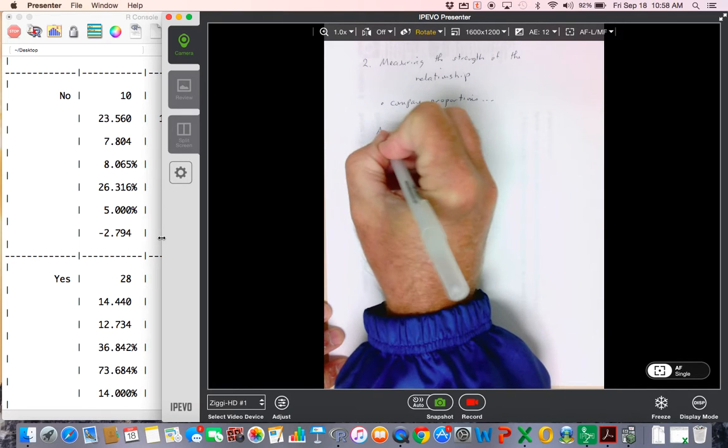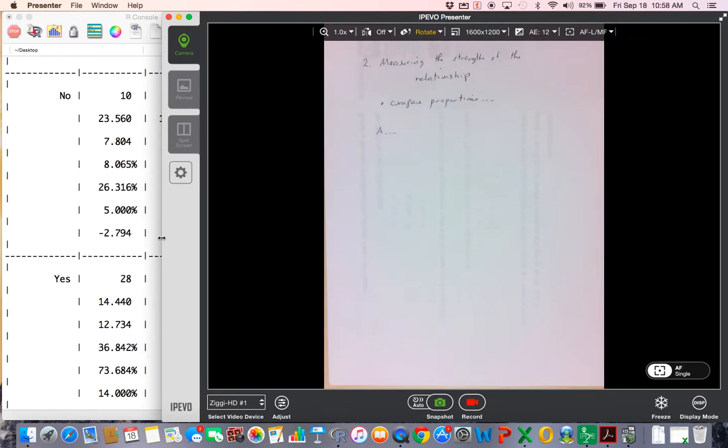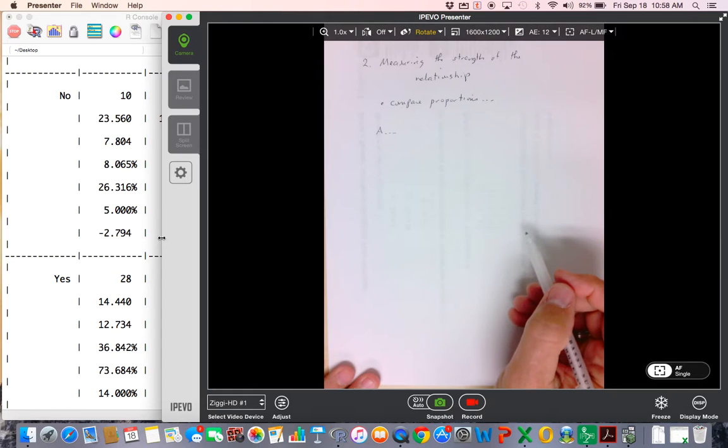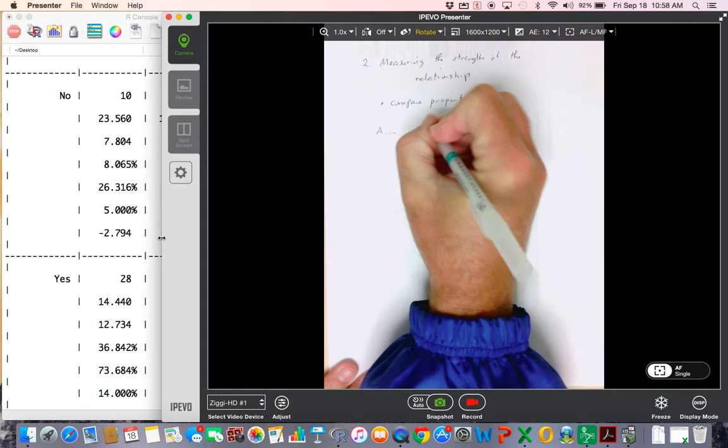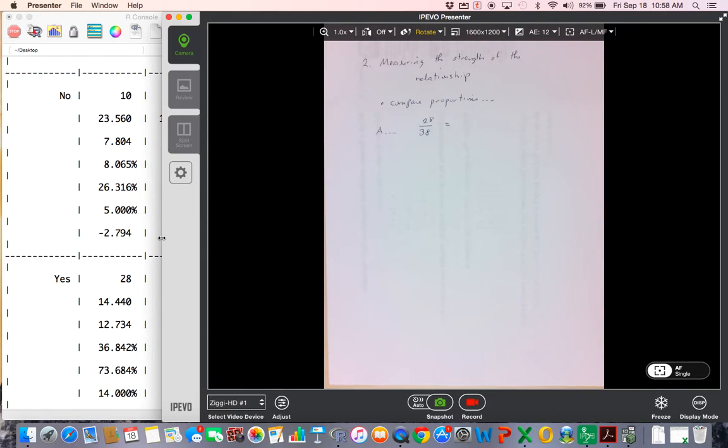So under Professor A, the percentage, let me get my data set, and I want to get a calculator. So guys, hold on, I'm going to grab a calculator. All right, gang, so looking at proportions, we can see that Professor A, that 28 out of the 38 students, my mental math tells me that that's 0.74, but I'm going to check this out.